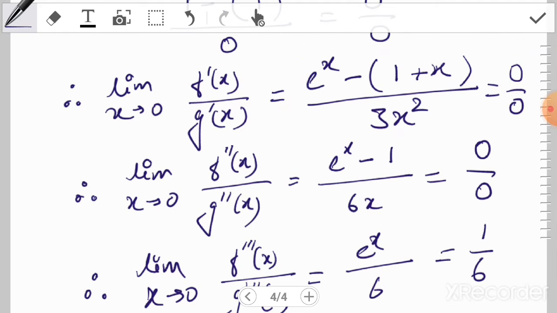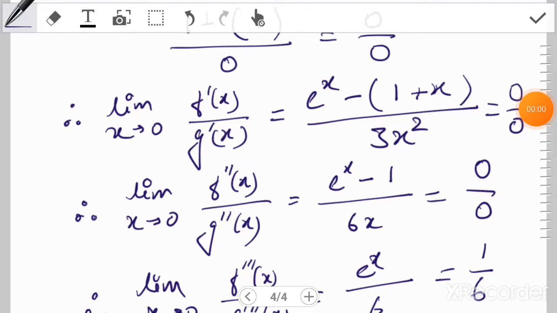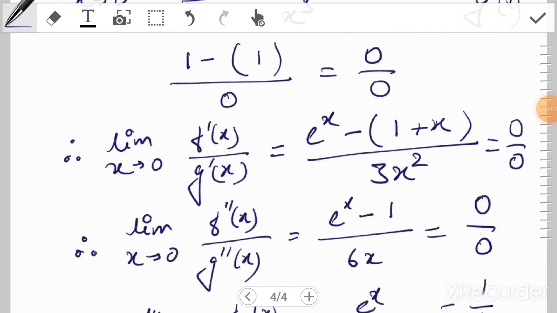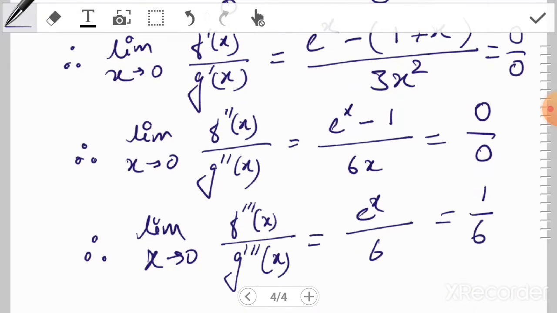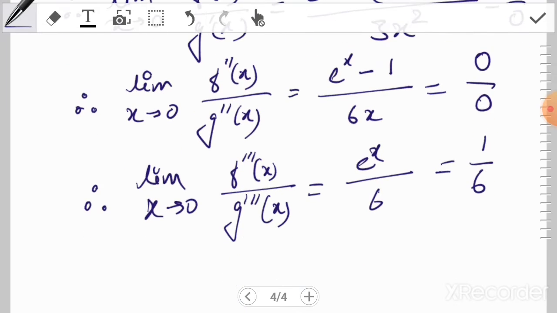So 1 by 6 is the right answer. So we kept differentiating f(x) and g(x) separately with respect to x until the indeterminate form is removed, okay. So we got either a real number or infinity or minus infinity as the limit.